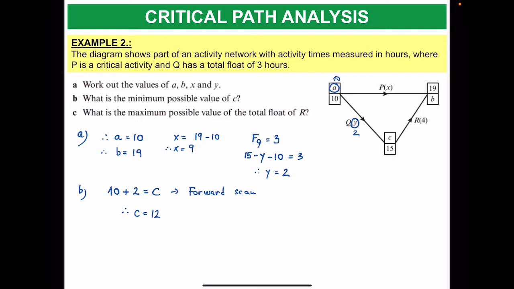This is the minimum value because Q has a float of 3, obviously that can be moved to 13 or 14 or 15, but the minimum value is 12.